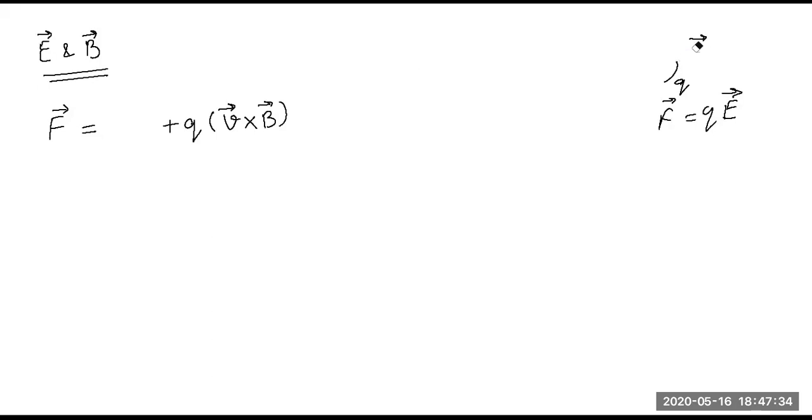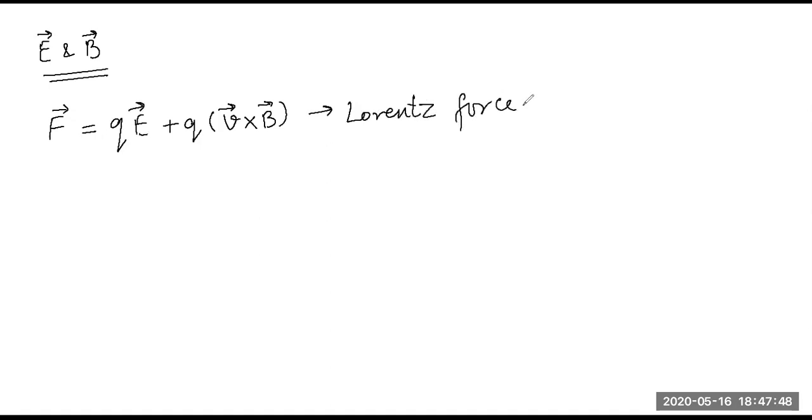QE, right? So here, this can be written as QE. And this force is what you call the Lorentz force, when you have the presence of both electric and magnetic field.